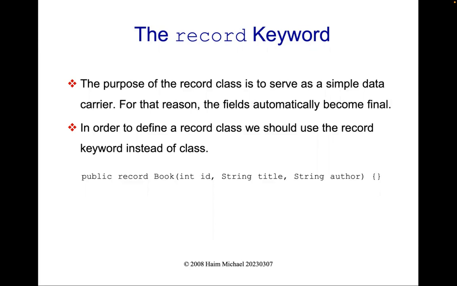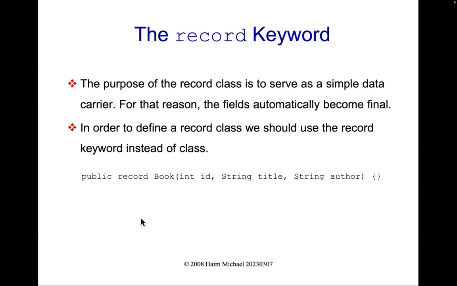In those cases, instead of defining a class and then defining all the standard methods, equals, toString, hashCode, and so on, you can define a record class. Just use the keyword record instead of class, that's all. And by doing so, you will get a new type.